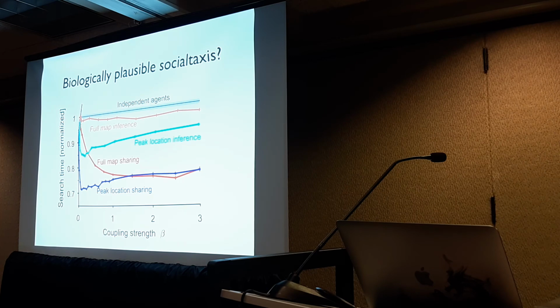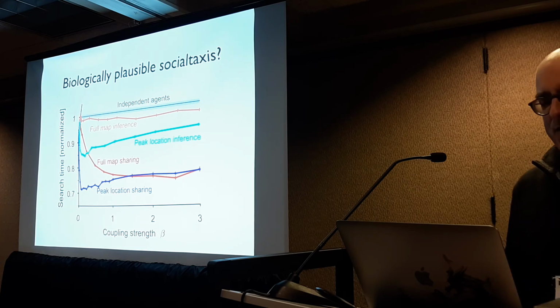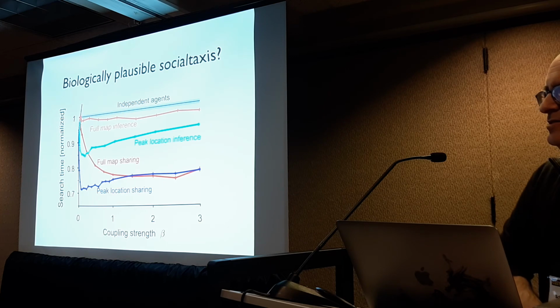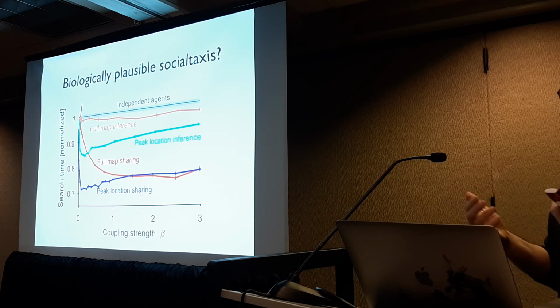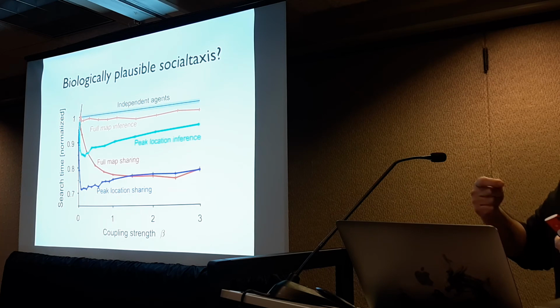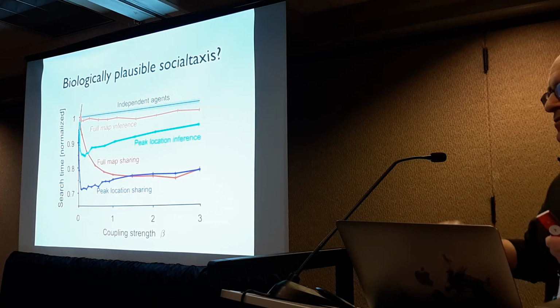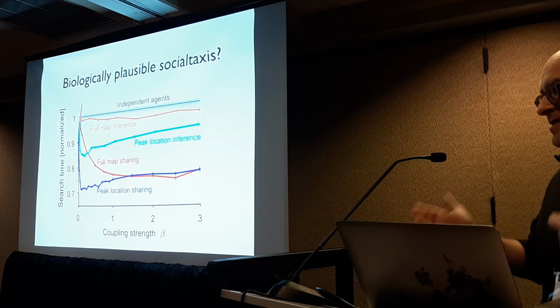So we wondered a lot about this. Thank you for the question. What is going on is that at the beginning, the map that you have suffers from the very sporadic way you sense the world. So your estimate of the world is not that good.